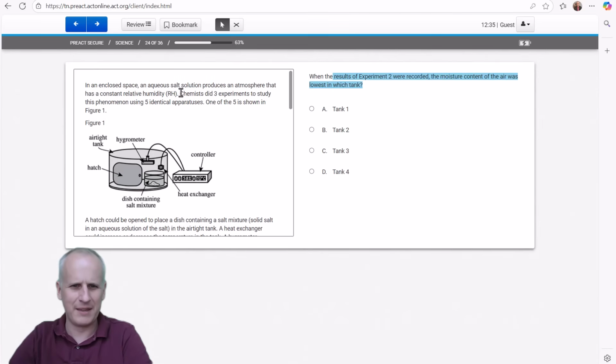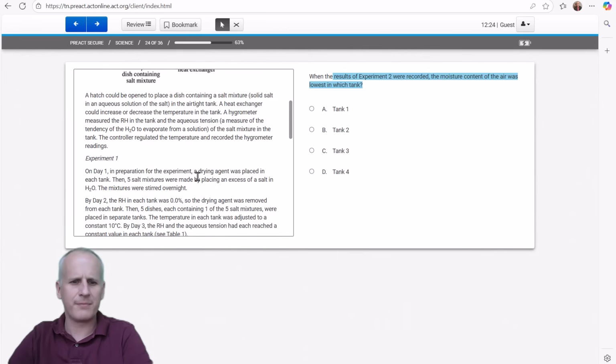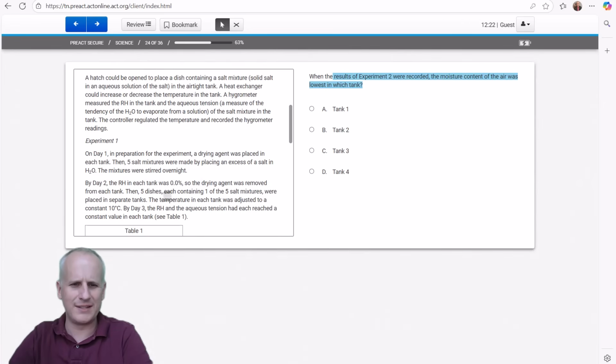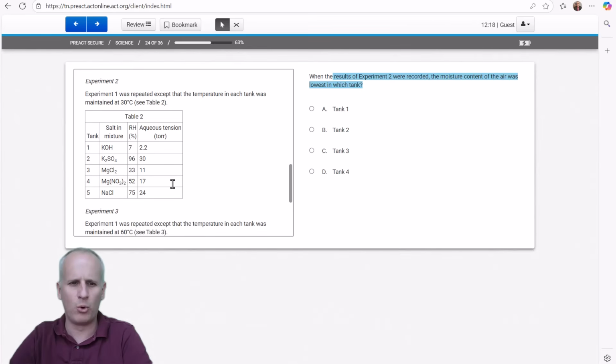So I've got to scroll back up, and we learn that the heat exchanger measures the RH and the aqueous tension. So the RH is 0.0 when there's a drying agent. So as RH goes up, you get more moisture content. So if we're looking at table 2, the RH being lowest, at 7 for tank 1, will tell us that tank 1 has the lowest moisture content.